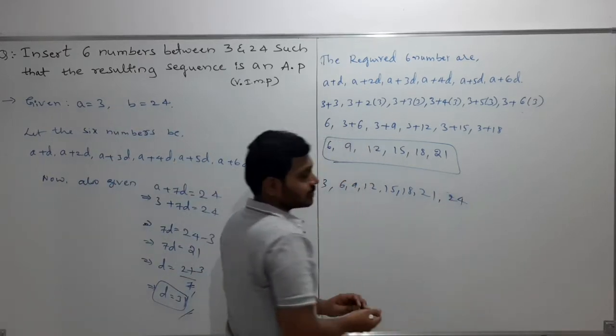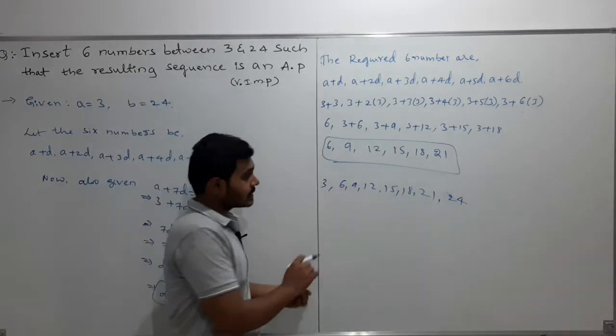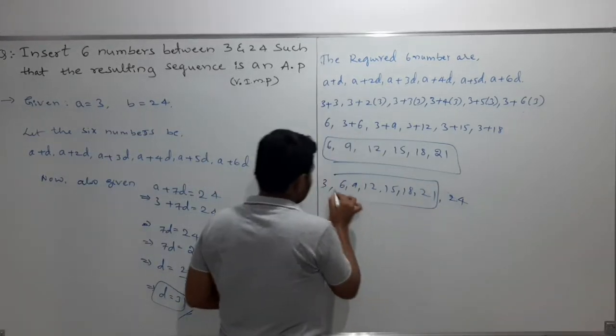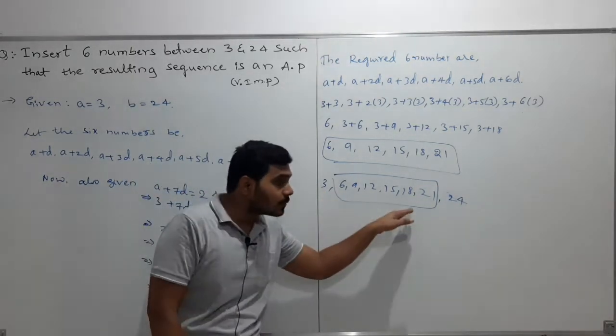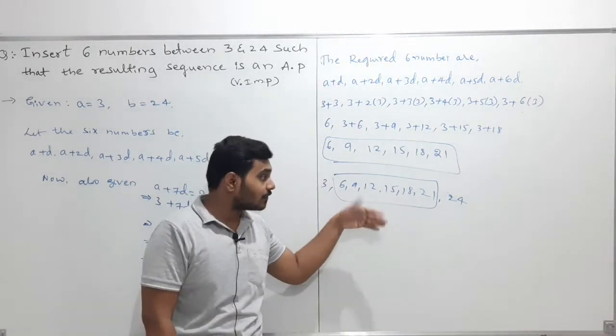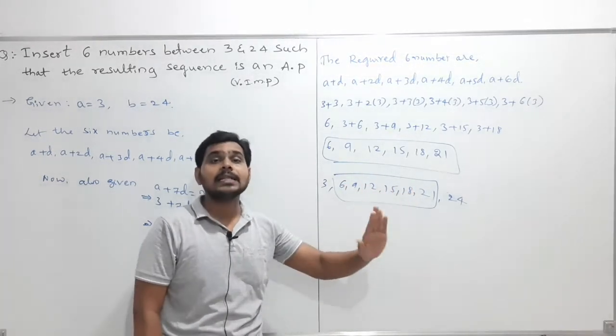So observe, my dear students, what they told: insert the 6 numbers. These are the 6 numbers we are inserting so that the resulting sequence will be AP. So after inserting these 6 numbers, the total sequence should be in the form of AP.